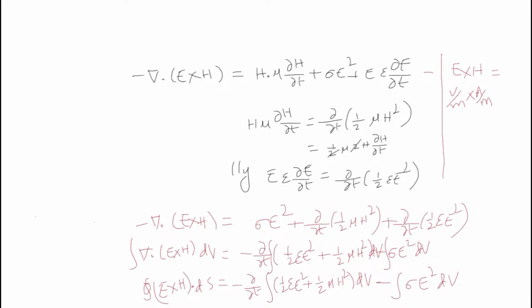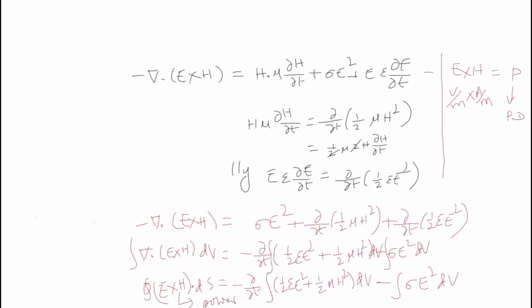This vector product is known as the Poynting vector. So volts into amps gives watts, watts per meter square. That means this Poynting vector is also known as power density. Surface integral of power density gives the power. That's why this term is the net outward power flow. It indicates power flow.